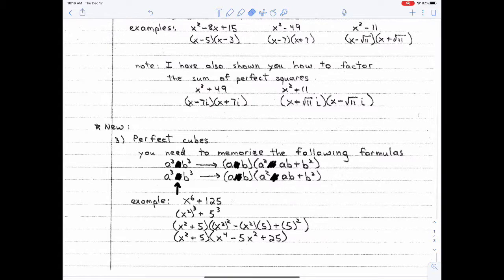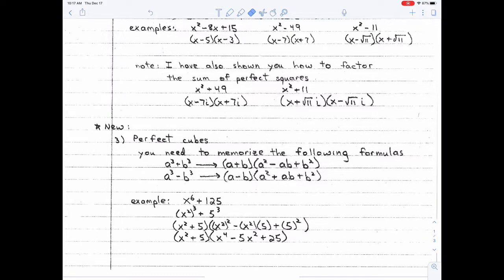If this is plus, then you go plus, minus. If it's minus, then minus and then plus. Other than that, it's the exact same. It's just a matter of memorizing this formula. Either you memorize it or you don't. It's not real magical. It's kind of like the quadratic formula. You either had it memorized or you didn't.